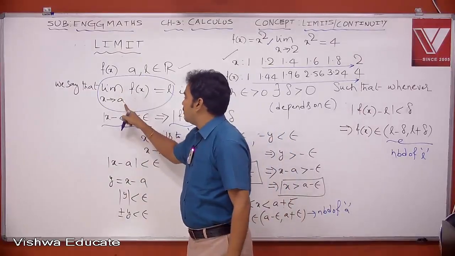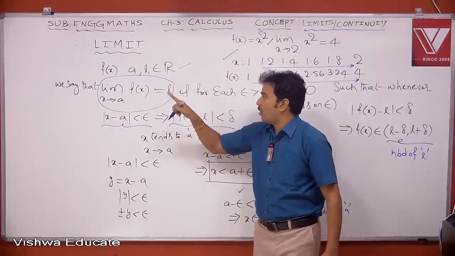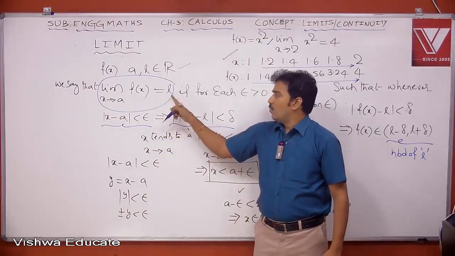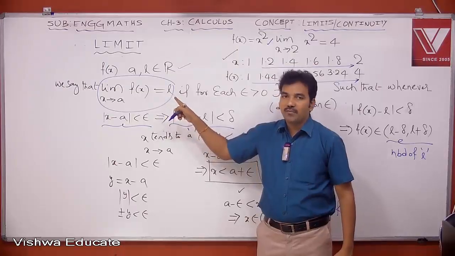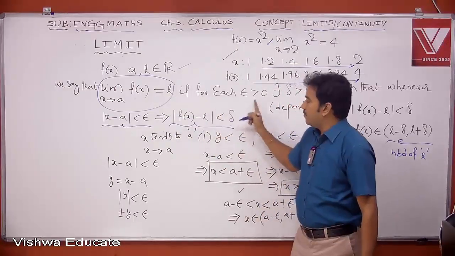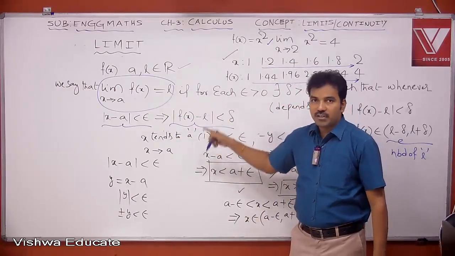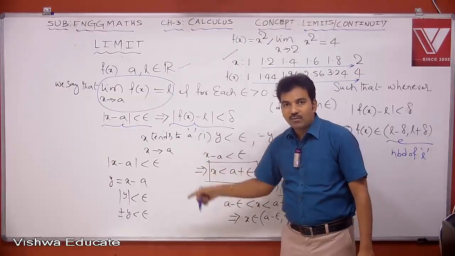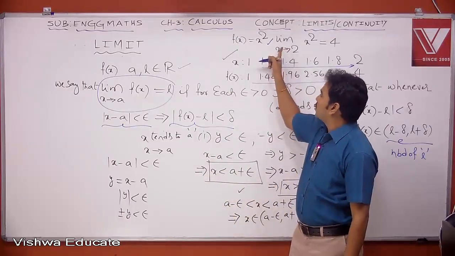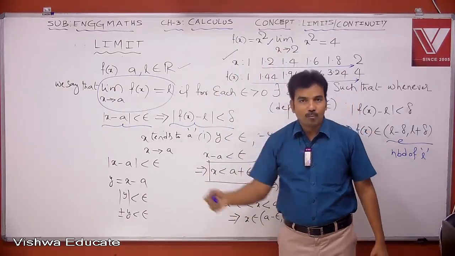We say that limit x tends to a of f of x equals L if, now you continue this definition followed by this evaluation followed by this particular example. Hope you understand this.